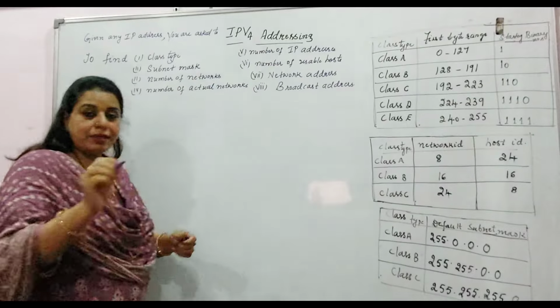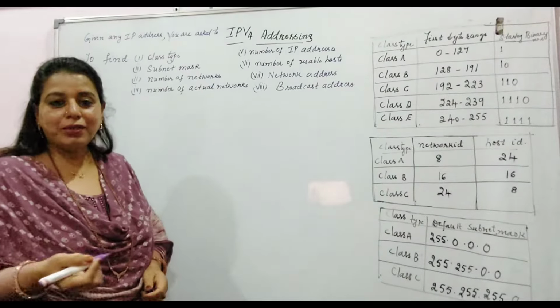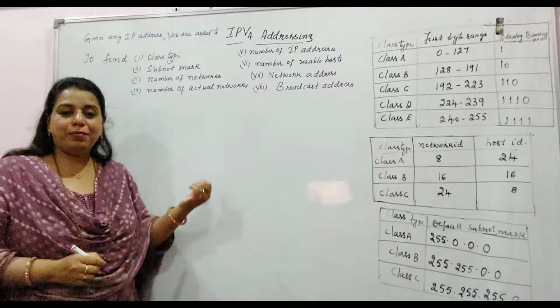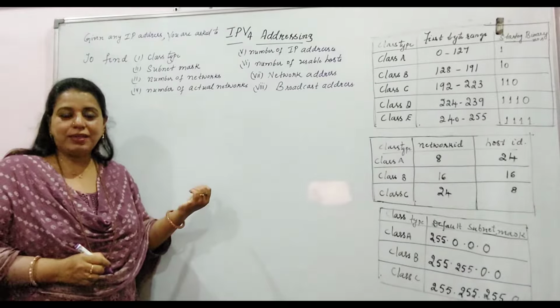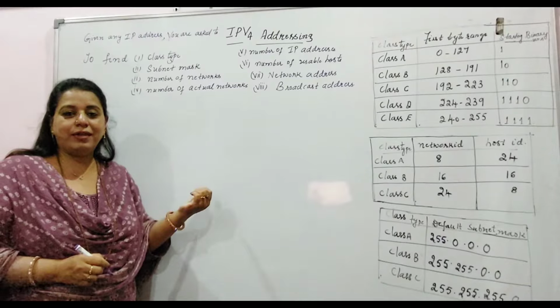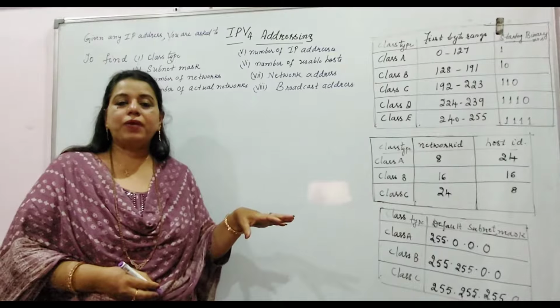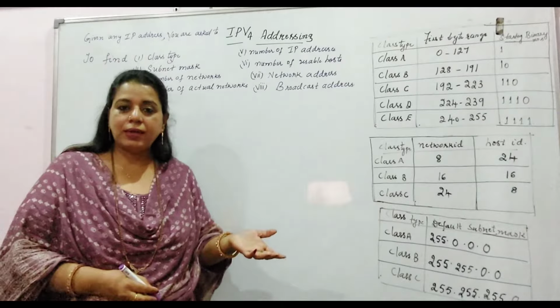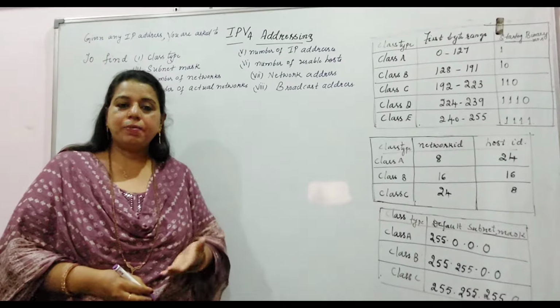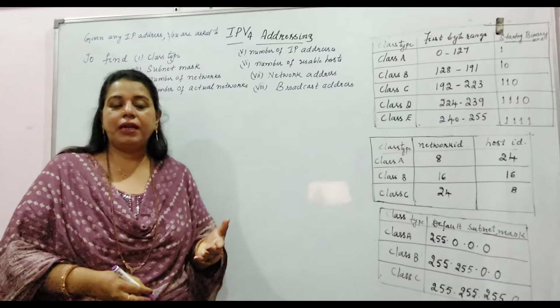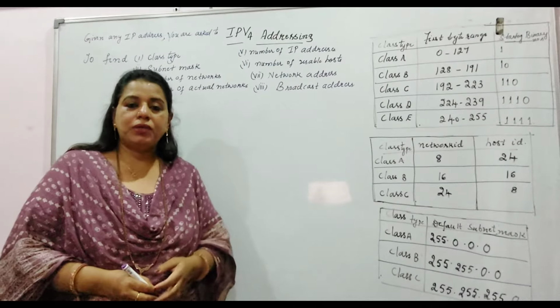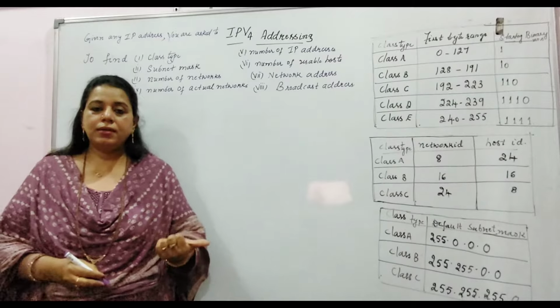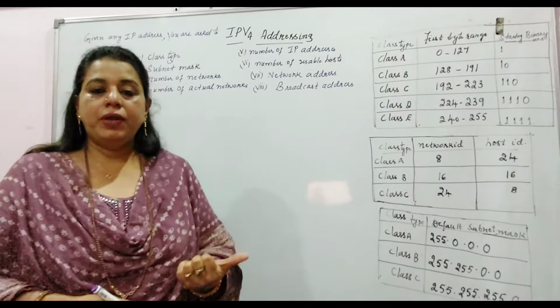Before that, let me just introduce this particular topic, because I have already done this in my theory sessions in the computer networks theory series. The introduction to classful addressing and classless addressing, that is class A, class B, class C, everything I have mentioned in detail in my video sessions in the theory series, that is the computer networks video lecture series.